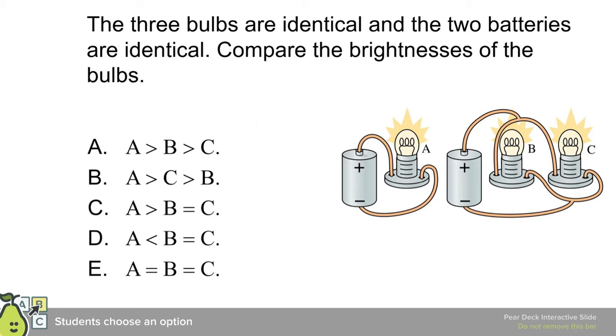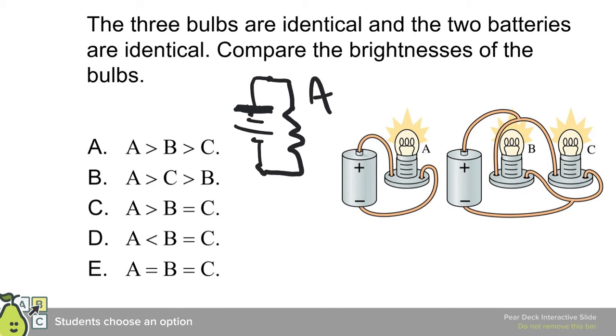In case A, we have EMF source hooked into resistor A. That's circuit A, no big deal. In the second case, case BC, we have EMF source, and then it comes and it splits. Notice that the current splits here and here.